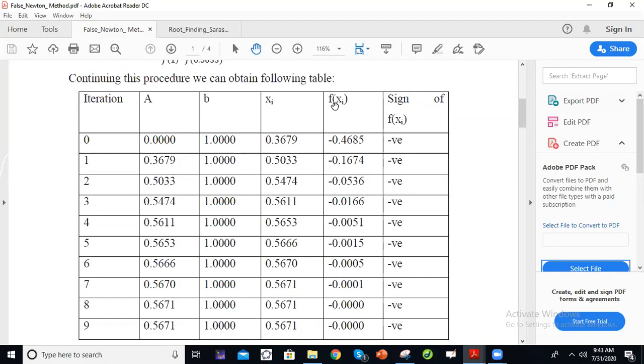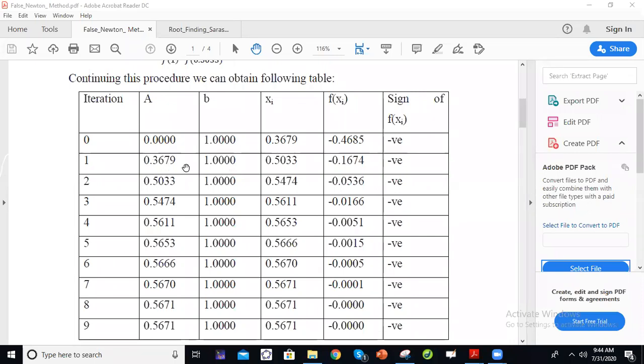We take f of x1, which is not equal to 0. This is negative. Okay, you must take 0.5033 for the third approximate solution x2. How many old values do we have? Three: 1, 2, 3.